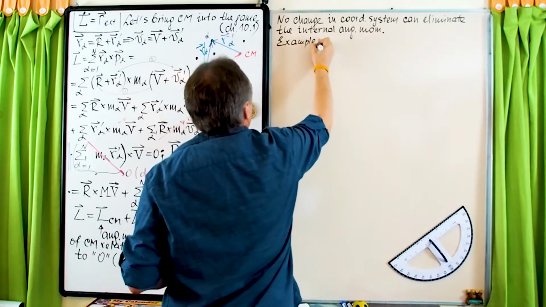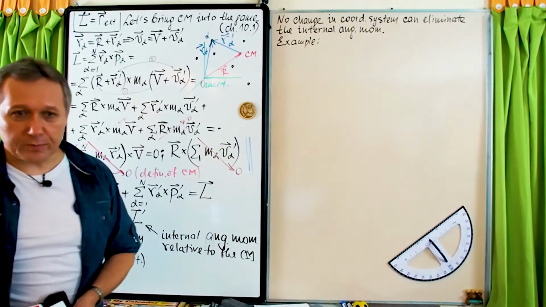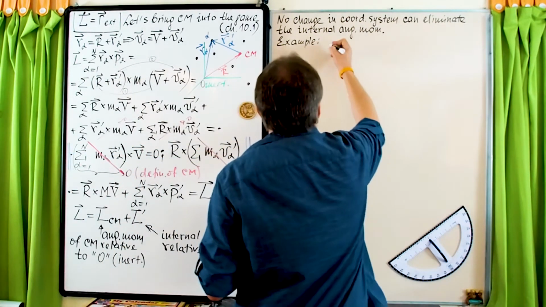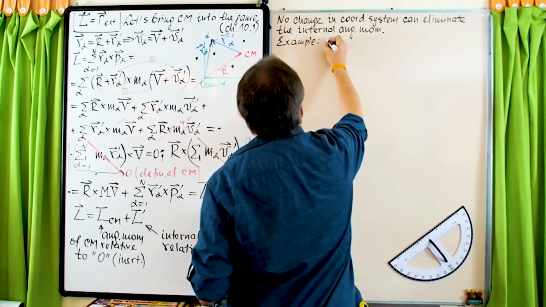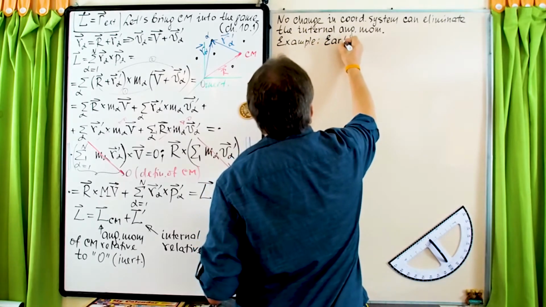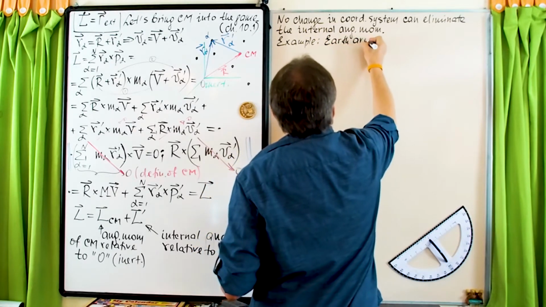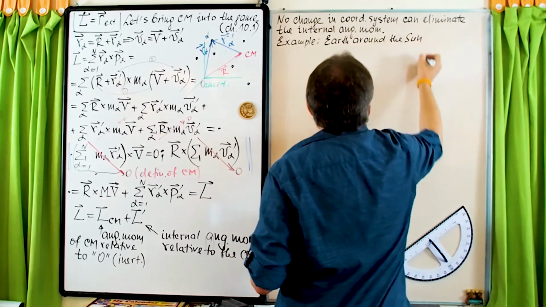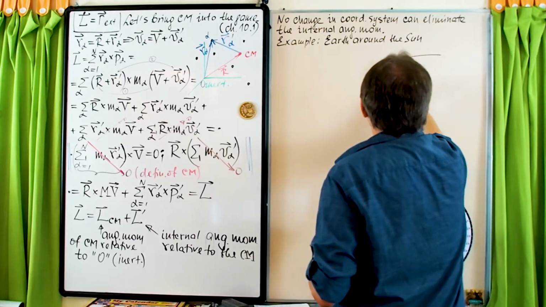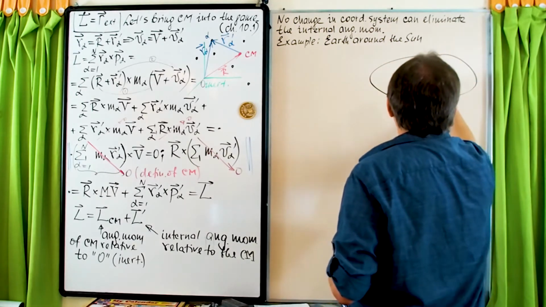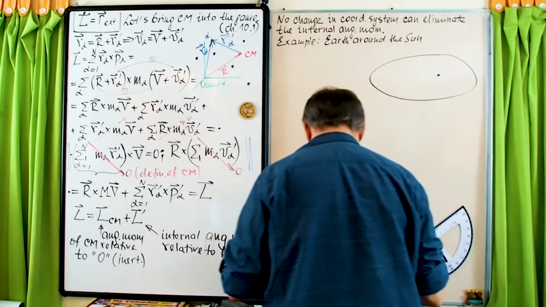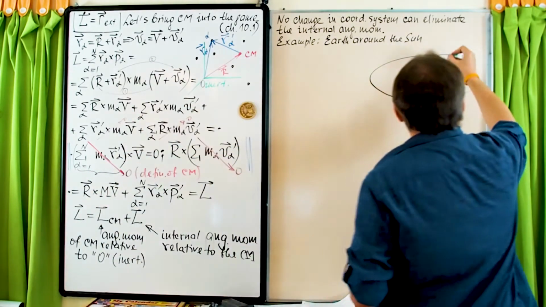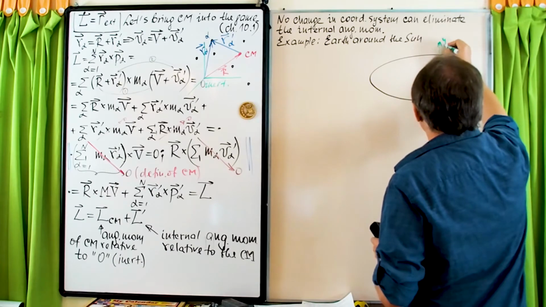an example where this can be useful, as I said, is the description of the Earth orbiting around the Sun. The Earth around the Sun. Right, so I can draw an ellipse. This is the Sun. Of course, the inertial reference frame we usually position at the place of the Sun.